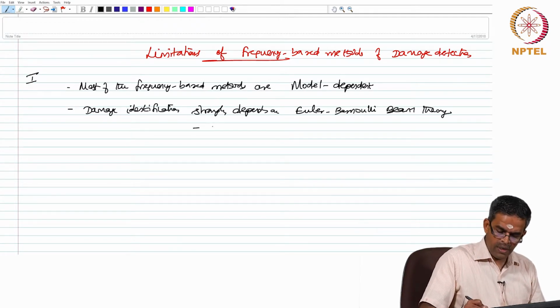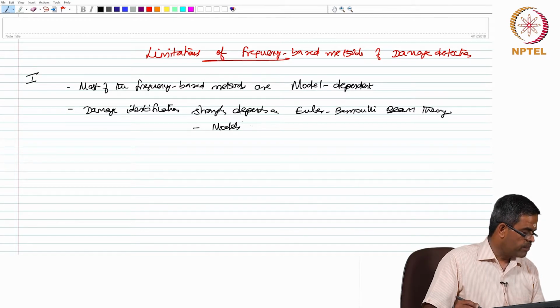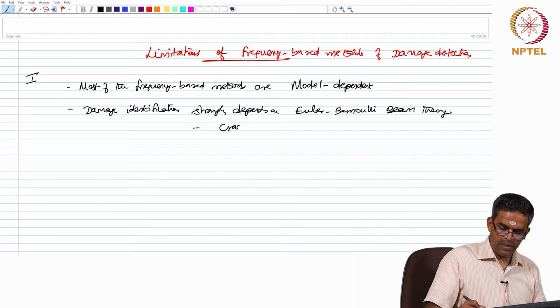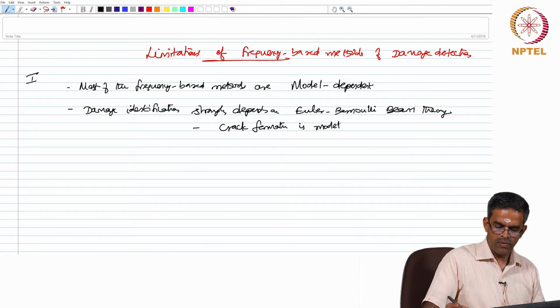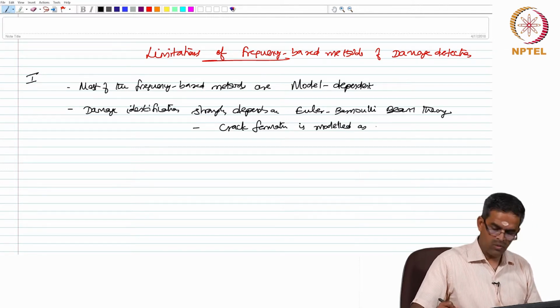In this beam theory, crack formation is modeled as rotational spring.